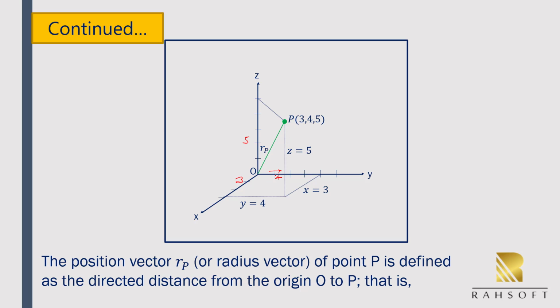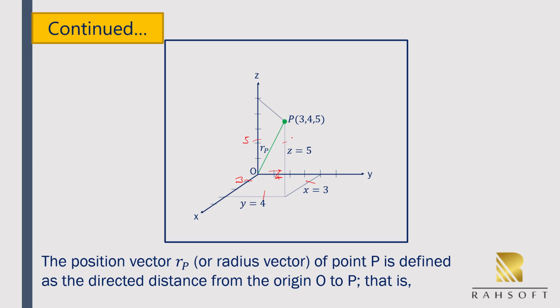When we draw a perpendicular here, we just join this line and this line, so these lines are parallel, so y equal to 4, and these lines are parallel here, so x equal to 3, and this line is parallel, so z equal to 5.